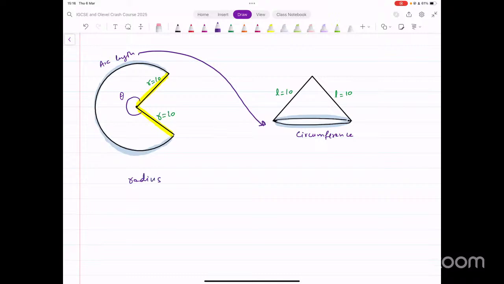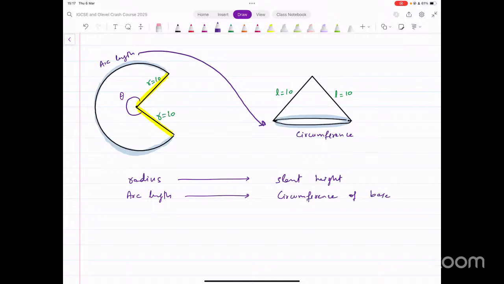So the radius of the sector becomes the slant height of the cone, and the arc length of the sector becomes the circumference of the circular base of the cone.